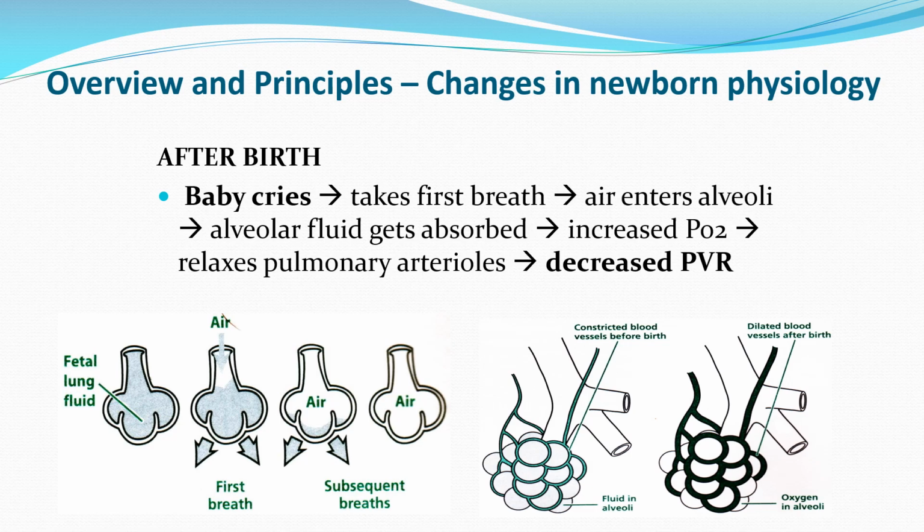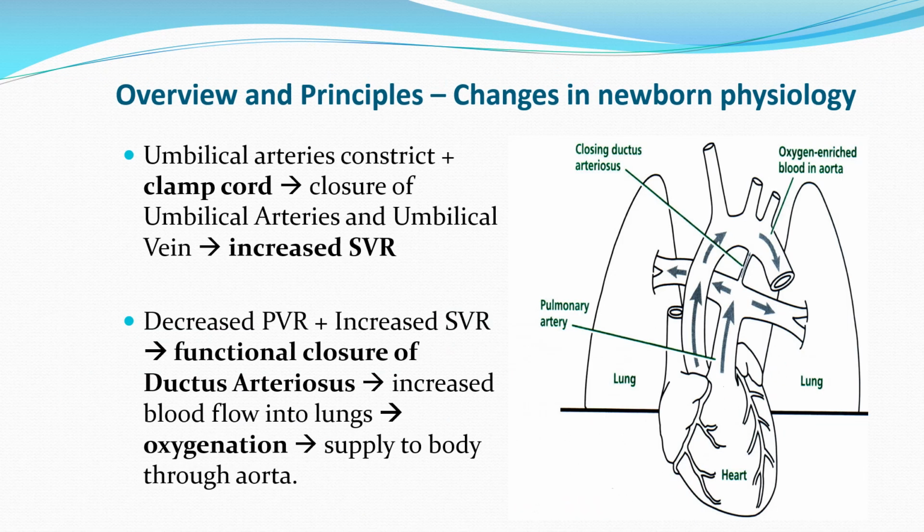After birth, the baby will cry. He takes his first breath, and the air will enter the alveoli. The alveolar fluid will get absorbed, and there is increased PO2. This causes relaxation of the pulmonary arterioles and decreased pulmonary vascular resistance. The umbilical arteries will constrict and the umbilical cord is clamped.